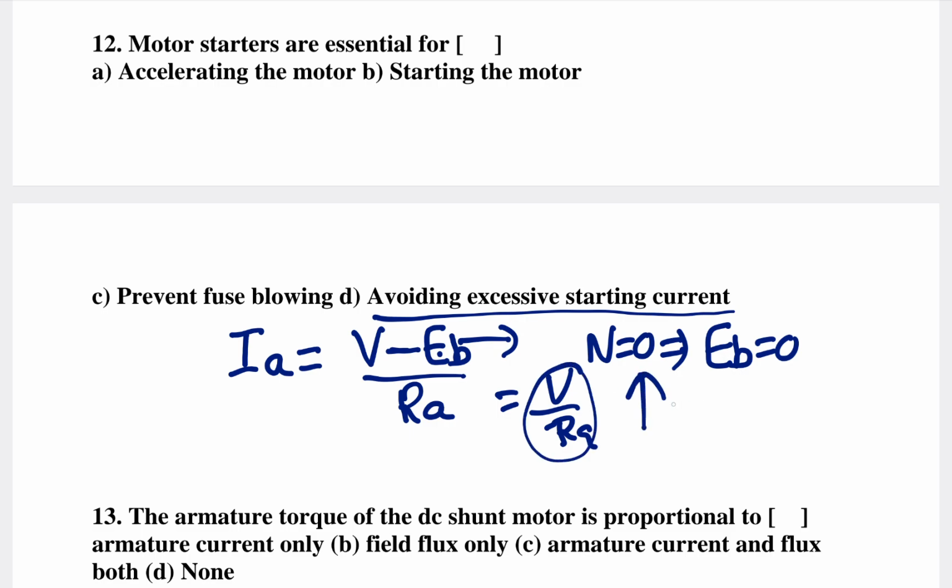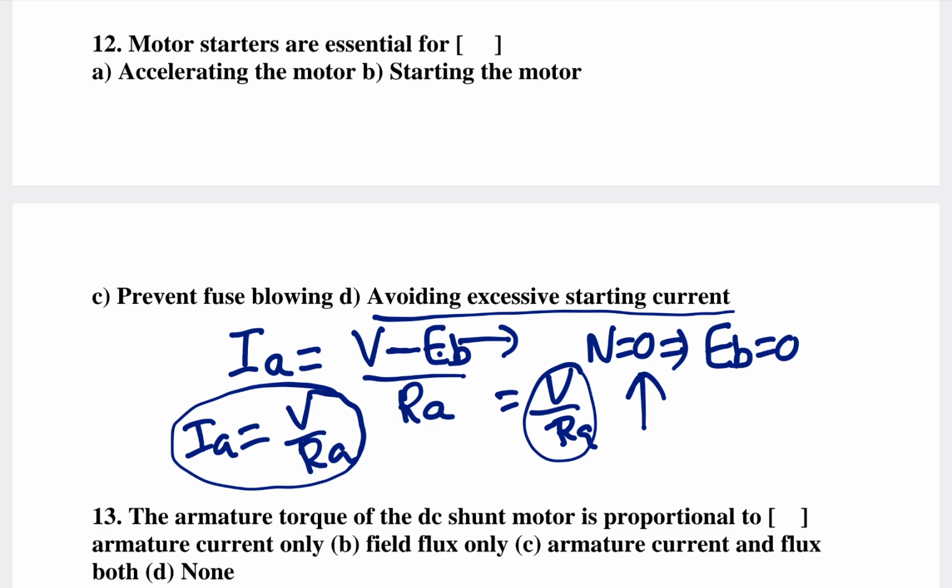This armature current is going to be a large current, and it will damage the motor windings. To restrict this large starting current, we use some additional resistance. That additional resistance is nothing but the starter. So the purpose of the motor starter is to avoid excessive current in the motor during the starting condition. So the answer is D.